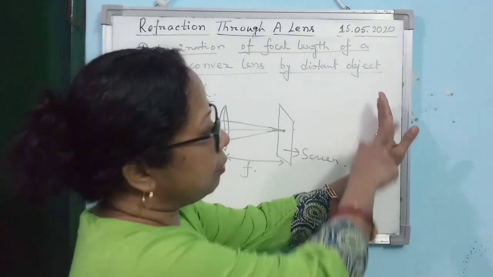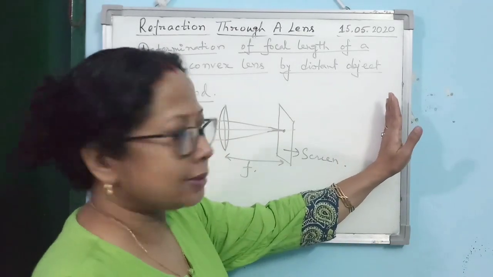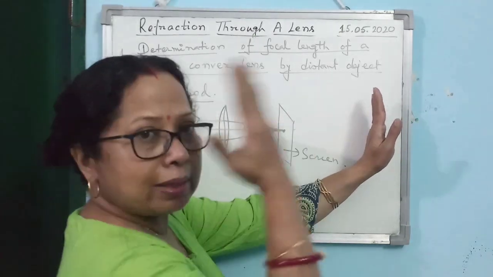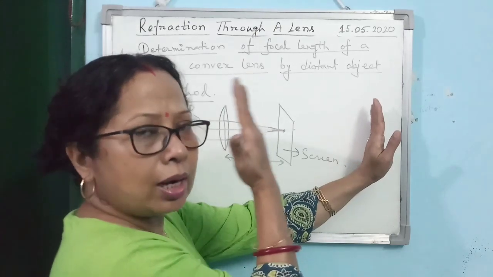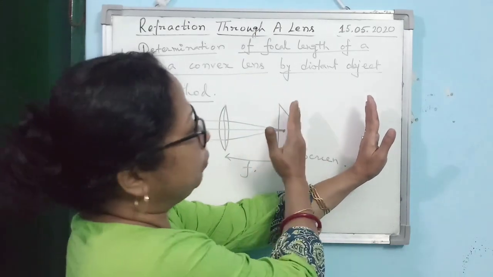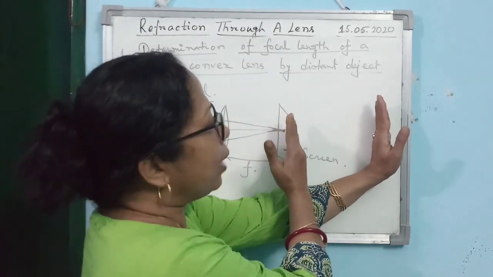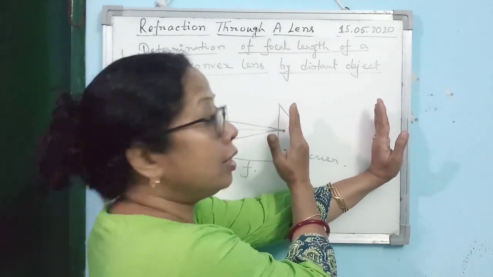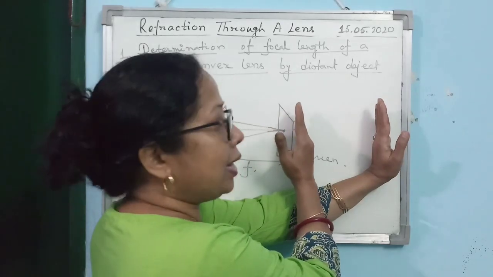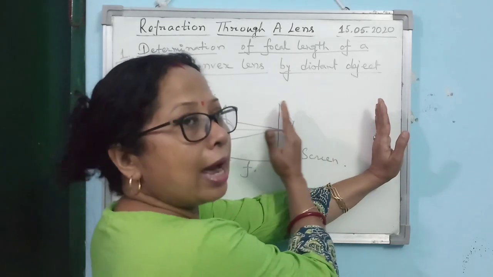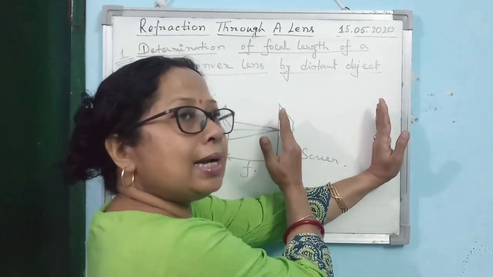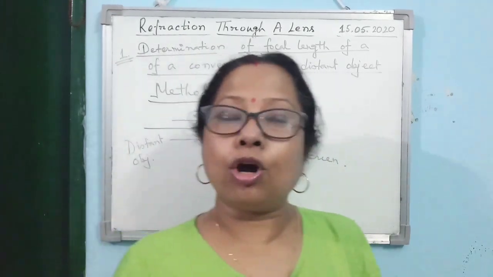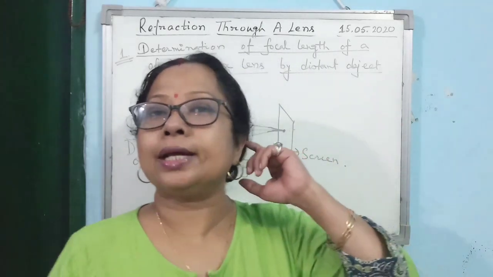This hand is the lens. Then you hold your palm, or you may take a white screen also. This hand is the screen. Holding the lens at one position, you take the palm of your other hand, or the screen, near the lens or away from the lens, until you get a distinct image of the far away object chosen.